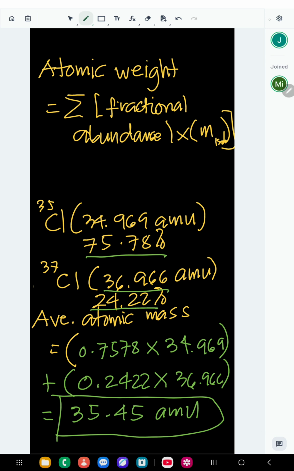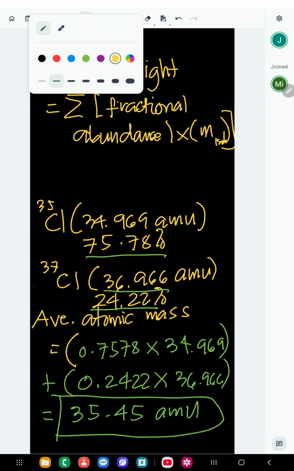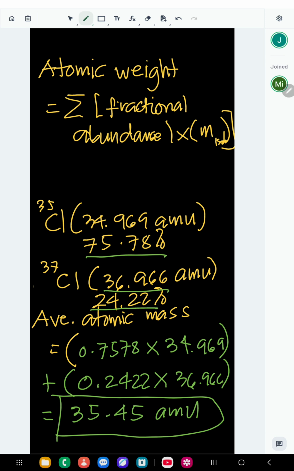What else? Confusing? Which part there is confusing? So you're given the isotopes. You now know the definition of isotopes, right? The same element but different mass number. And those isotopes occur with a percent abundance.